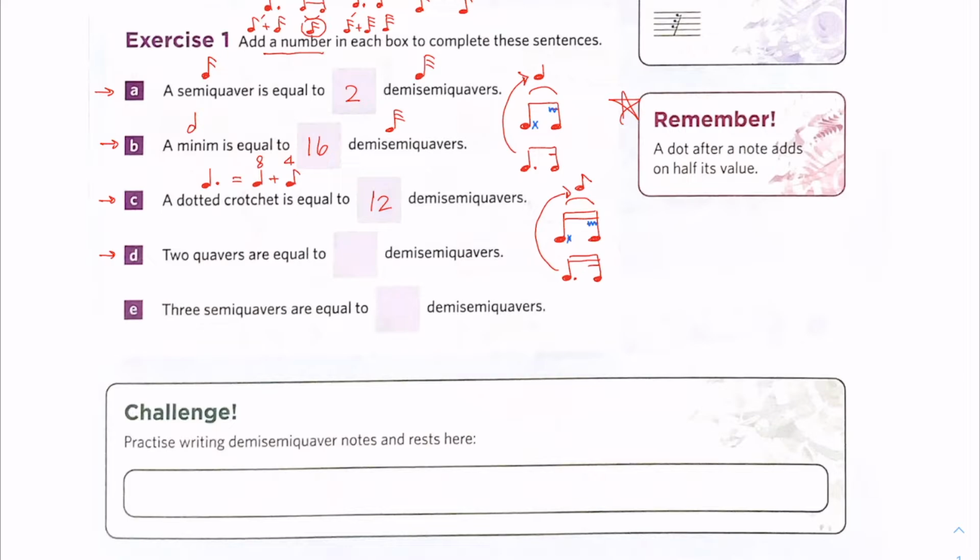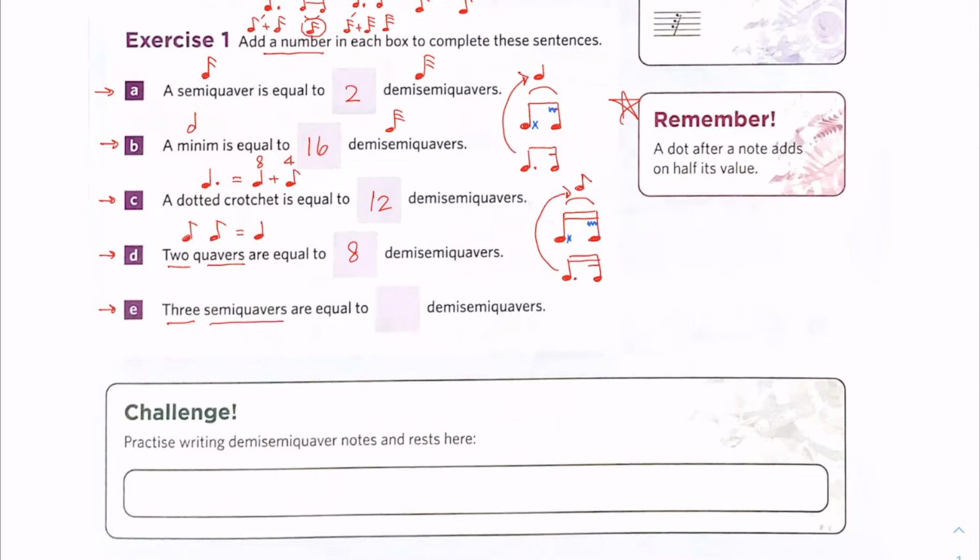Question D. 2 quavers are equal to how many demisemiquavers? So 2 quavers, this is 1 quaver, this is another quaver. 2 quavers is just the same as 1 crotchet. We know that in a crotchet there are 8 demisemiquavers. Question E. 3 semiquavers are equal to how many demisemiquavers?